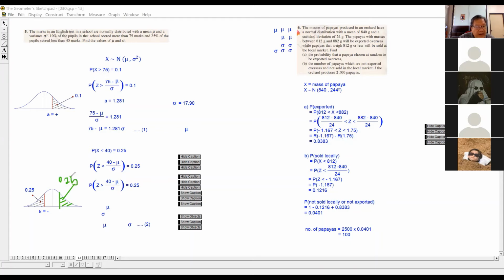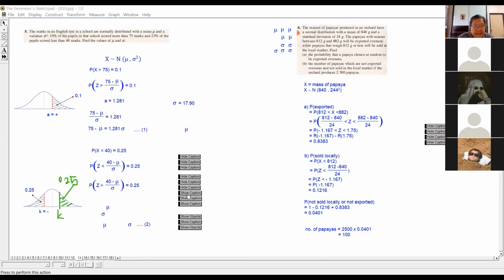What I'm trying to say is that if the probability less than negative k is 0.25, then the probability greater than positive k is also 0.25. But this number is actually not k, it's negative k.